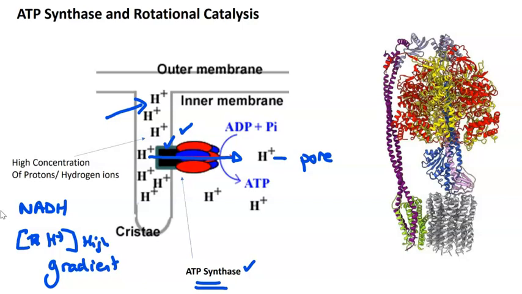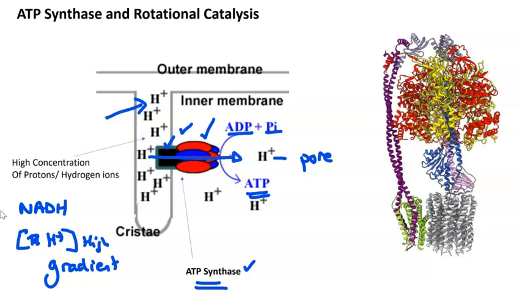This rotational energy is then transferred to this section of the enzyme here, which has active sites for ADP and phosphate. As the rotation completes, the ADP and the phosphate are brought into close proximity, where it is possible for the third phosphate bond to be made to form ATP.